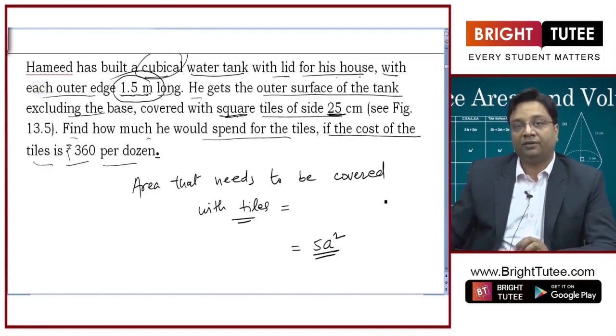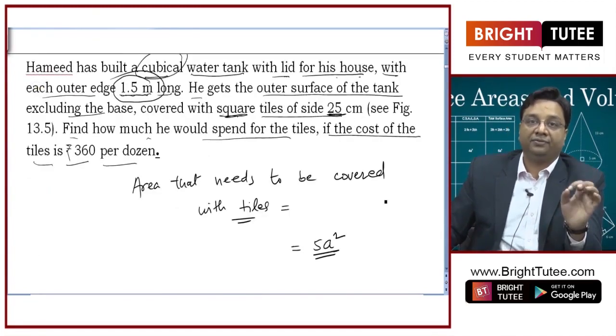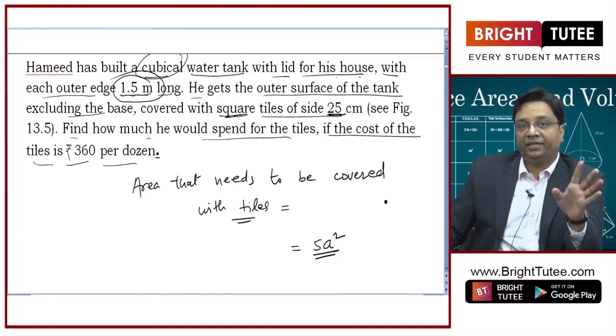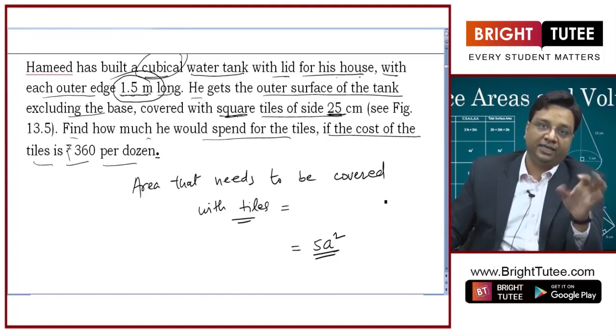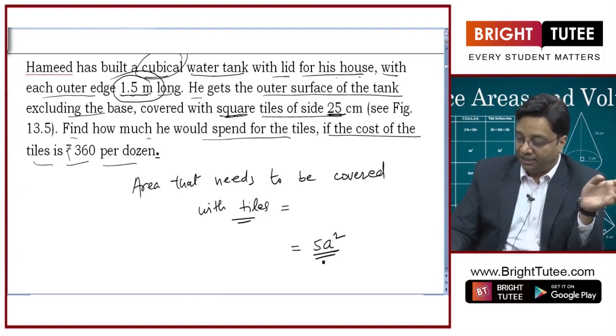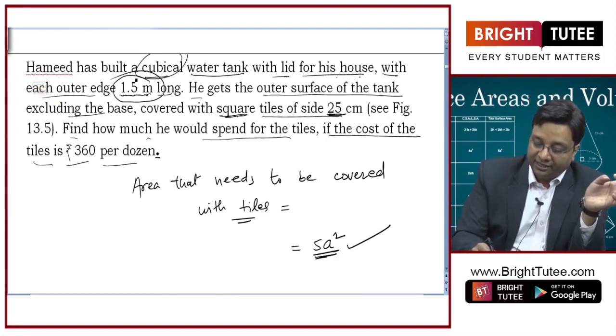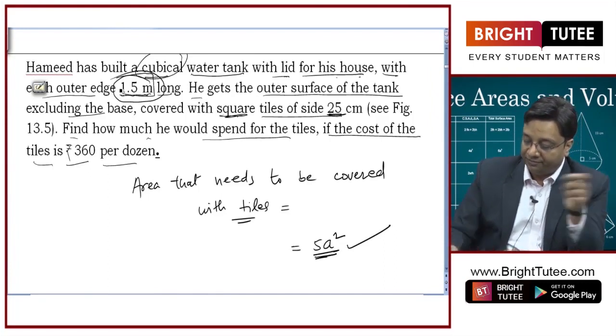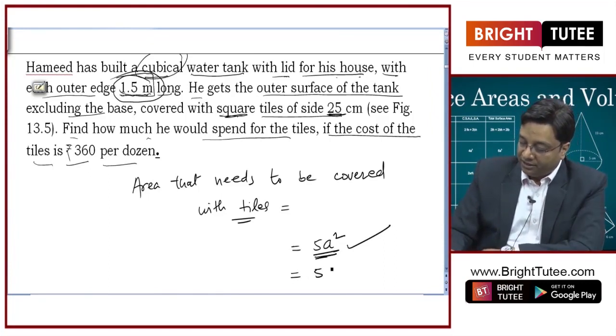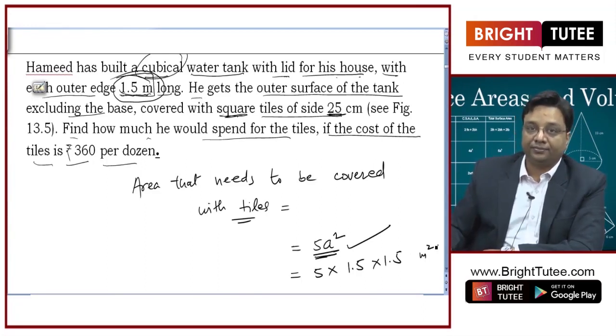Area that needs to be covered consists of 5 faces, right? Every face will give you an area of A square. So, 5 faces will give you an area of 5A square. So, this is the area that we need to cover. Now, A in the question is 1.5 meter. So, the area to be covered is 5 into 1.5 into 1.5 meter square, right.